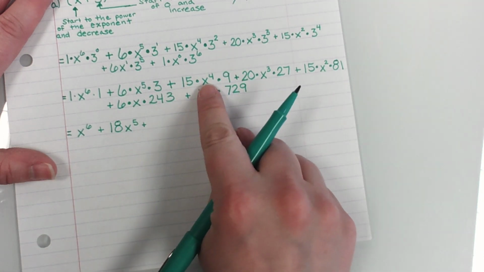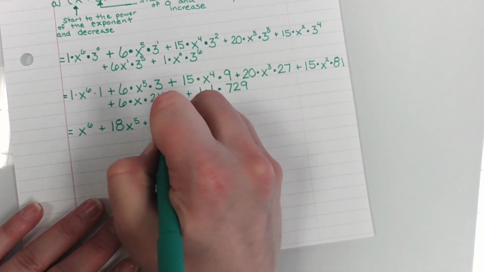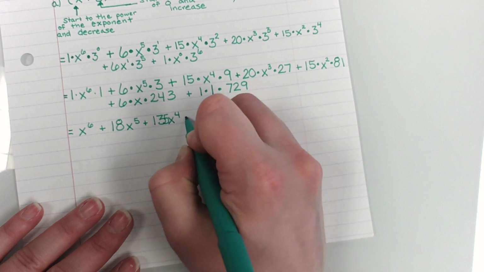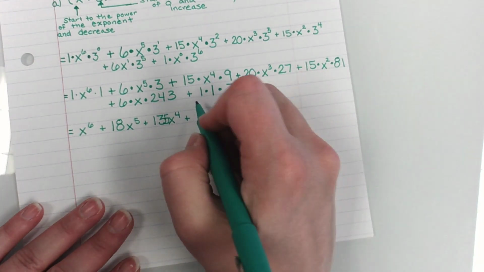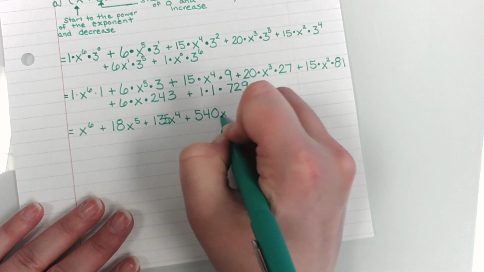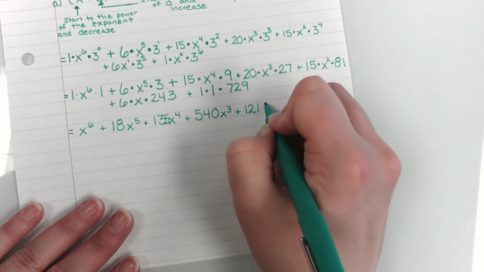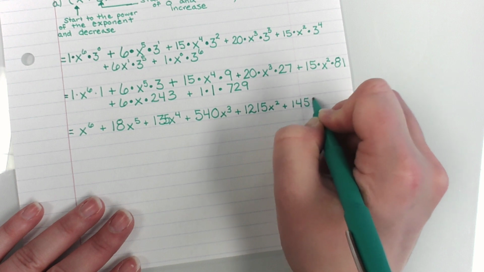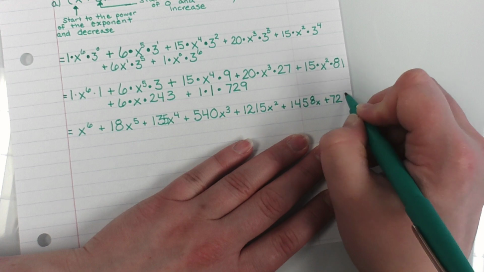Plus 15 times x to the 4th times 9? 135x to the 4th. Plus 20 times x cubed times 27? 540x cubed. Plus 1215x squared. Plus 1458x. Plus 729.